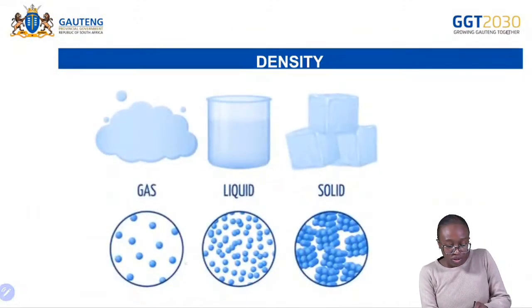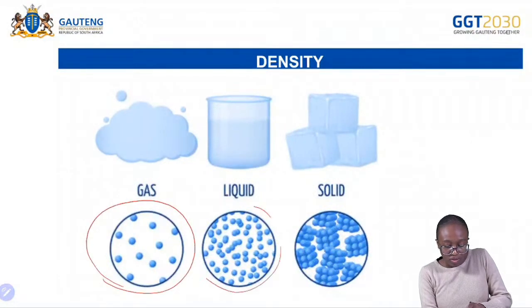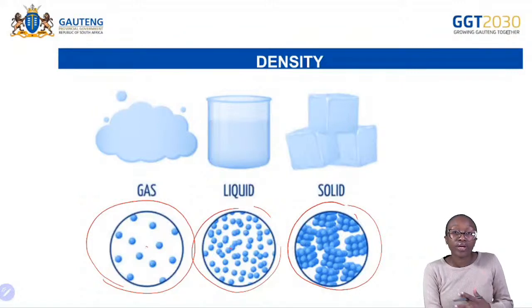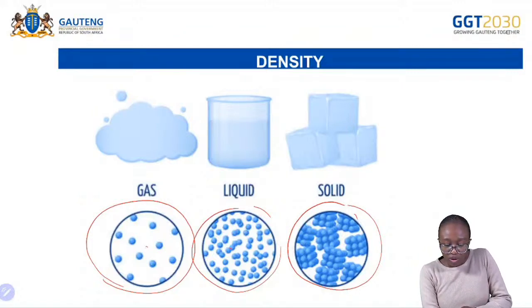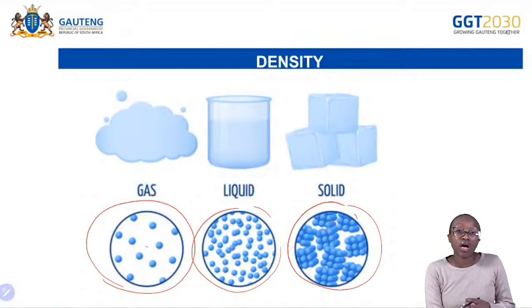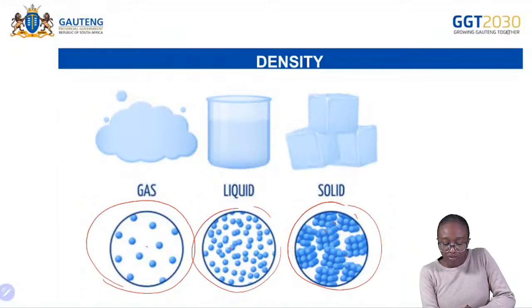Let's say these circles. We measure the volume of these circles, right? When you look at the arrangement of the particles, because of the way solid particles are arranged, they are very close to each other, they hardly move, and the spaces between them are very small. So we'll have more solid particles within this given volume.